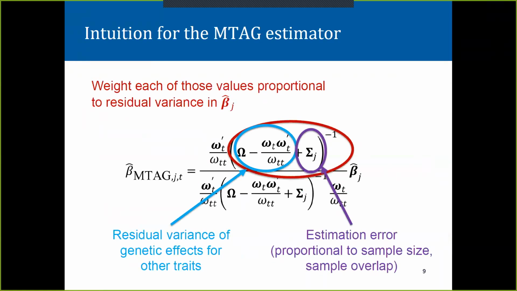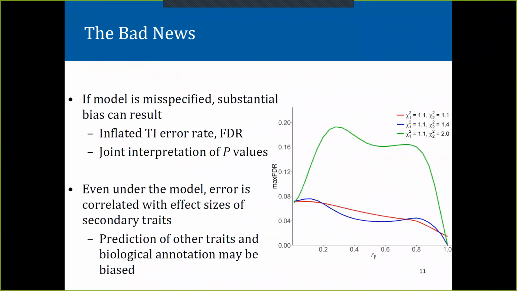There are 2 sources of noise in the residual, and the first is the sampling variance, which is what we're used to and tends to be independent of everything that we're concerned with. But there's also the other source of noise, which is just the residual variation of the genetic effects. And so that noise is still present in our MTAG estimates.